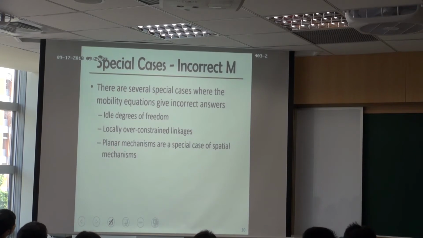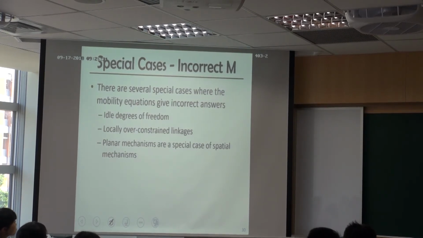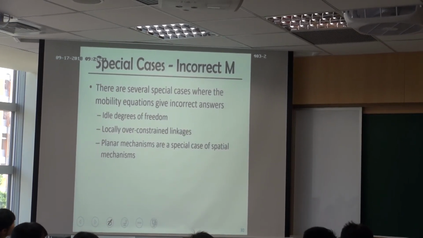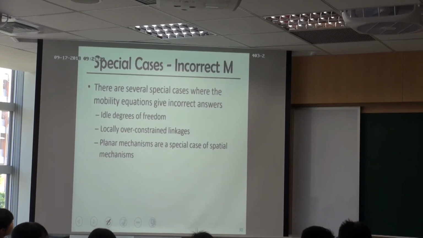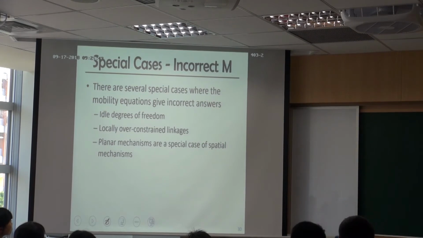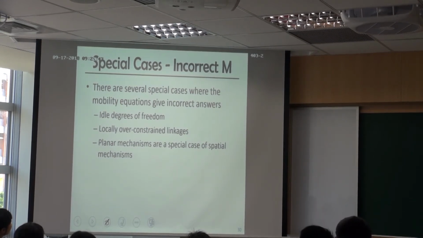Usually when we consider a mechanism, in the real world, all mechanisms should be 3D mechanisms, right? But sometimes when we calculate the mobility of a mechanism, we consider it as a 2D mechanism. That's just for convenience in calculating the mobility.